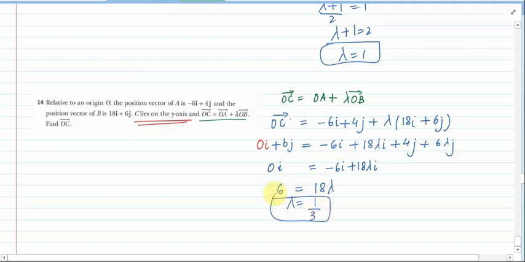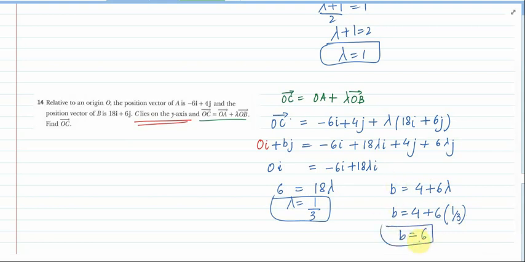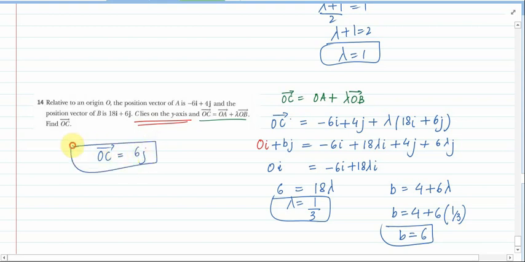Similarly, if you compare your j, b is equal to 4 plus 6 lambda. With lambda 1/3, 3 twos are 6, so 4 plus 2 is 6. So the vector OC will be equal to 6j, because the x coordinate is 0, it cuts the y-axis, so we are only left with the 6j.